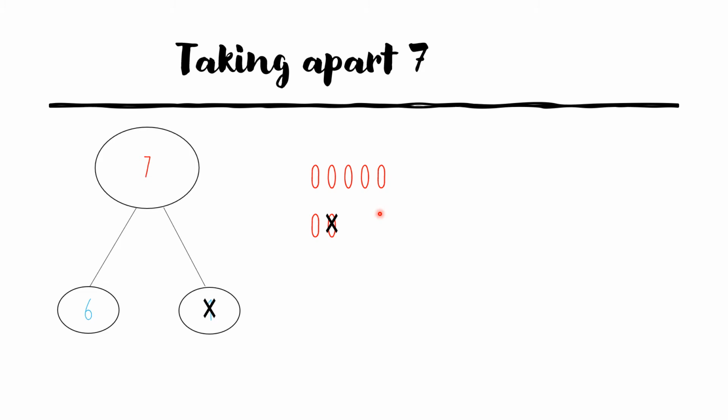Let's count to see how many circles are left. 1, 2, 3, 4, 5, 6. That's what that number represents. 6 is the part of the number bond that's left after we crossed out the 1.